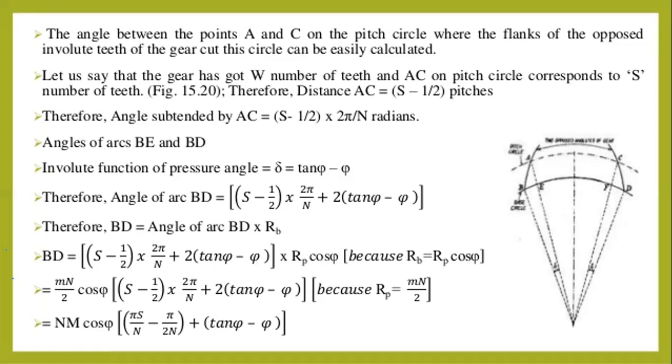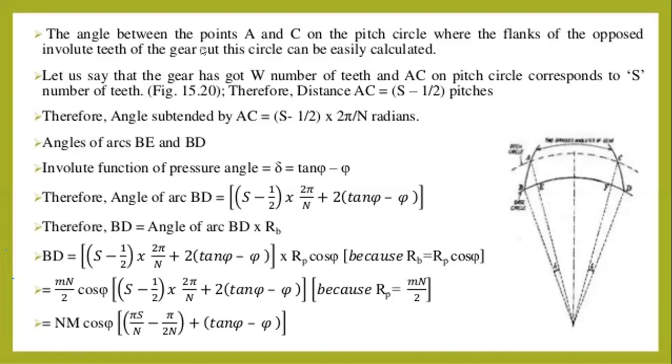Then the angle subtended by the AC position is S minus 1/2, that is, 2 pi by N radians.